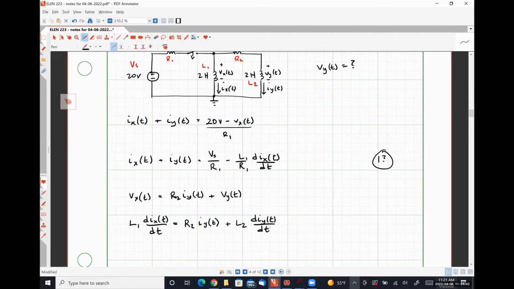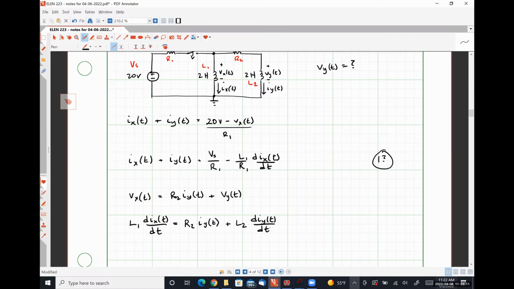So let's think about what we have here, okay? We have an expression here, our KVL relationship. We have the first derivative of Ix related to Iy plus the first derivative of Iy with some coefficients thrown in there.